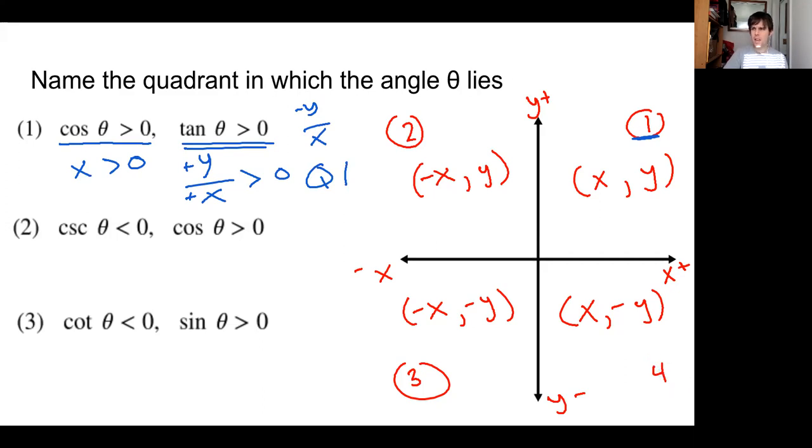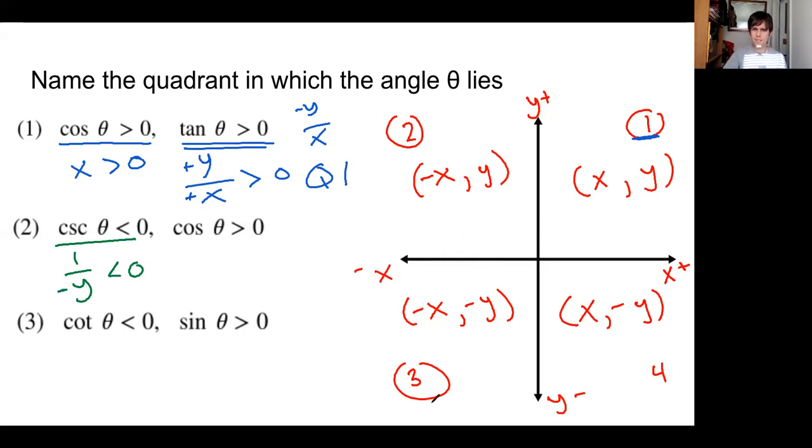All right, next question, looking at number 2. Same process I'm going to follow here. In this one, we have the cosecant is negative, is less than 0. So cosecant is negative, which means that 1 over y is negative. That's only going to be true if y is negative.